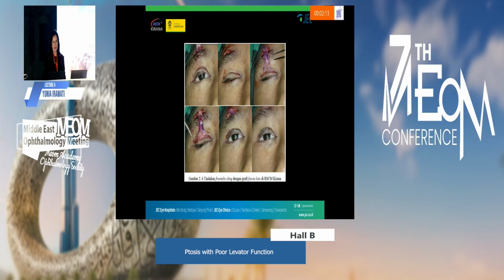This is our patient. We took allograft fascia lata, only about 2.5 centimeters in length and 1 centimeter in width. Then I made a Y shape, sutured it to the tarsus, and passed it through the channel to suture the fascia lata to the suprabrow.